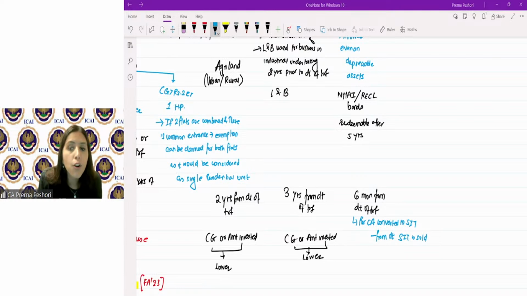From when do we have to reckon the 54EC? Yes, from the date of receipt of compensation. Yes, Chitala. Yes, Usha. Very good. From the date when the compensation is first received. Yes, Sarika. And not from the date of the compulsory acquisition. So just write it over here.